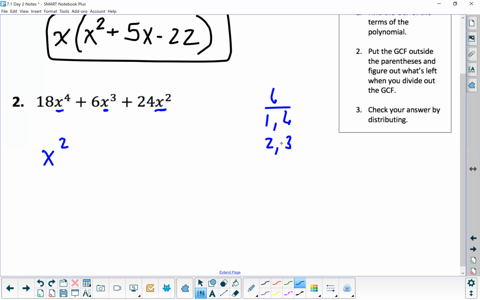And then check. Does 6 divide evenly into 18? Yes. Does 6 divide evenly into 24? So that's our greatest common factor. Going to have a 6. Writing what's left over when we factor out 6x squared, we take 18 divided by 6.